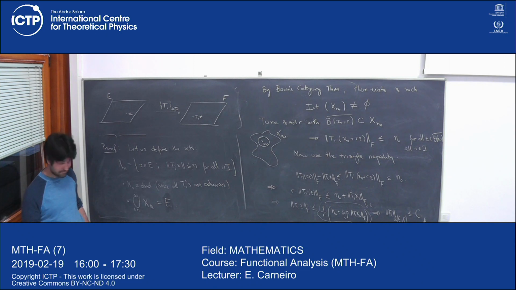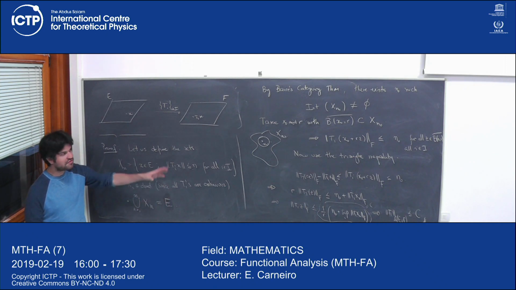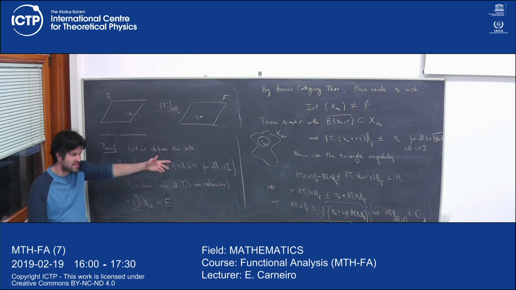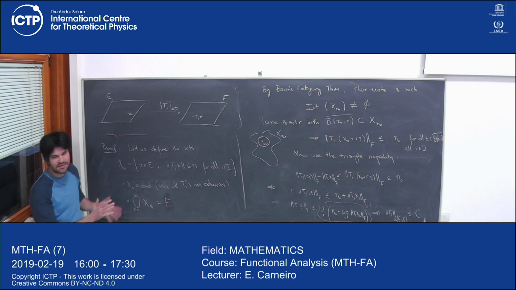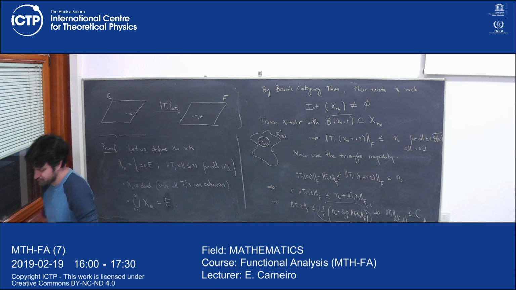For the Baire category theorem, I need the fact that E is complete. So E has to be a Banach space. But F can be just a normed vector space if you want. I didn't use in the proof that F was a Banach space. So if you want to weaken this a little bit, you can assume that E is a Banach space and F is just a normed vector space if you want. But for simplicity, we stayed with E and F Banach spaces, okay? Most of the situations you'll be dealing with are like this.